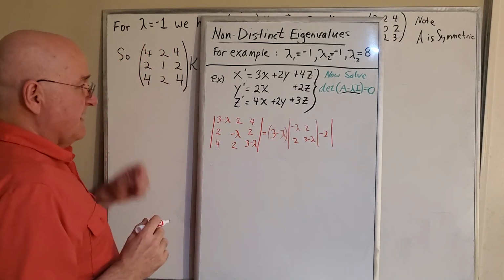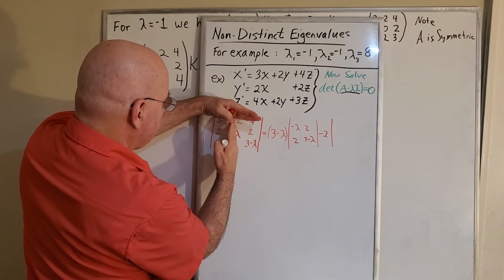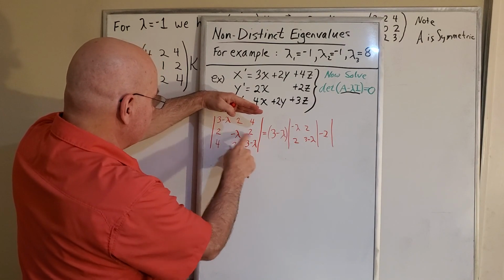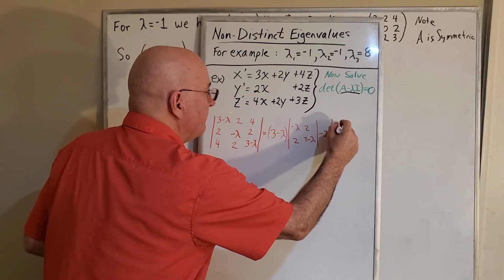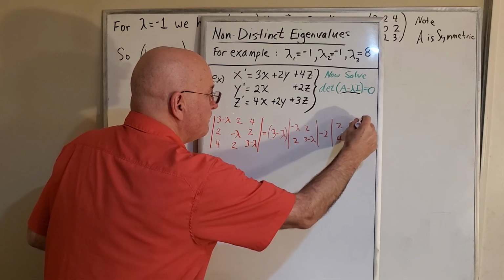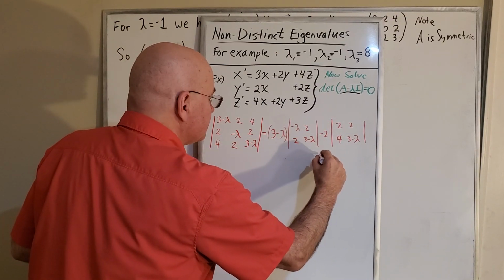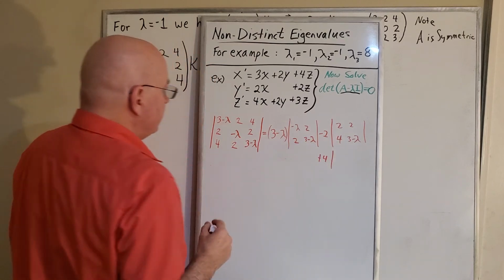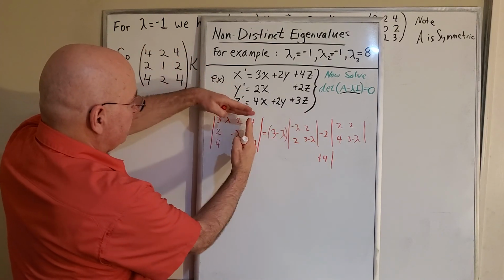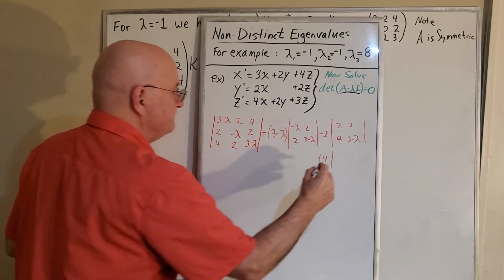Times its cofactor, which is the determinant of, cross out that row and column, 2, 2, 4, 3 minus lambda. And I need one more. I will say plus 4, and I get rid of its row and column, and I get 2, negative lambda, 4, 2.